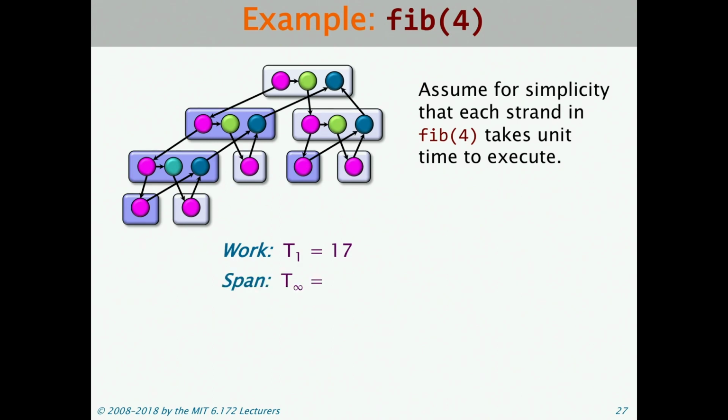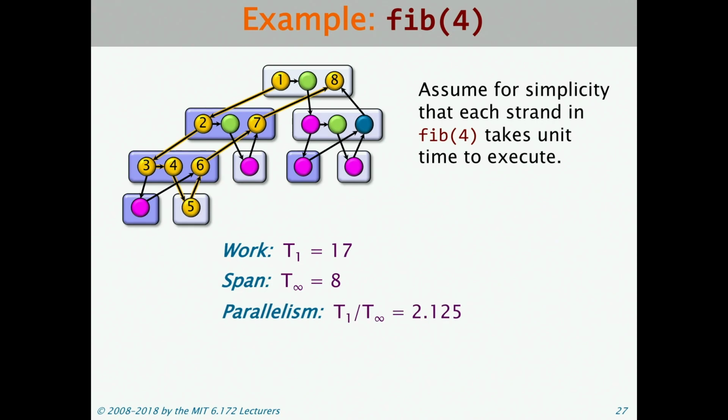What about the span? Somebody said 8. Yeah, so the span is 8. And here's the longest path. So this is the path that has 8 nodes in it, and that's the longest one you can find here. So therefore, the parallelism is just 17 divided by 8, which is 2.125.